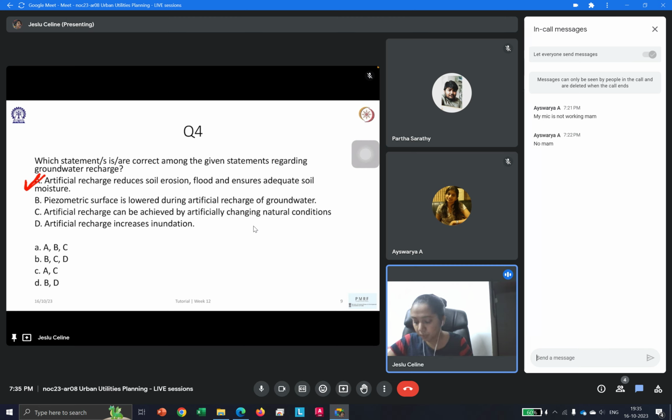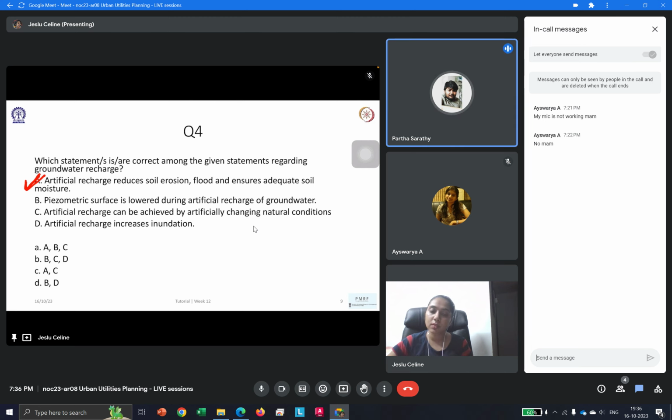Now B, piezometric surface is lower during artificial recharge of groundwater. Yes, no? I think the piezometric surface will be constant. It will not be constant, but will it be lower during artificial recharge of groundwater?